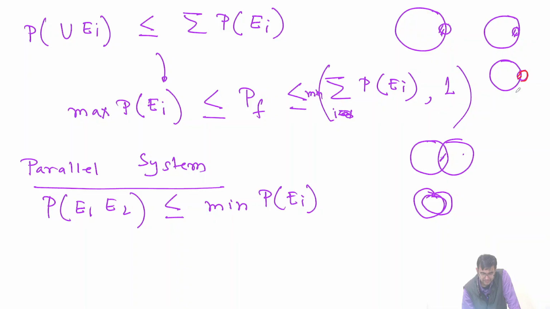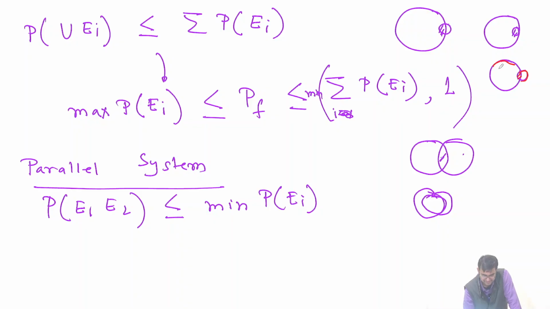Now the same thing I can say for this portion also, right? The red portion is always less than or equal to this bigger one also, right? And it will never be equal in this case, because even if it goes inside, the other one will take over.